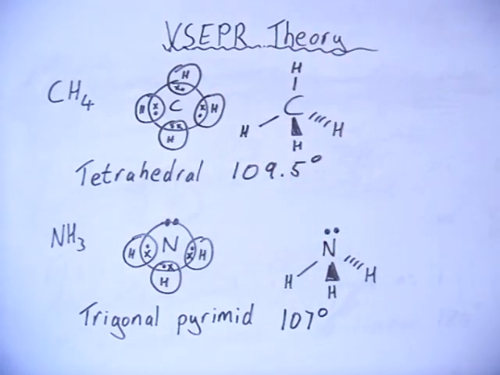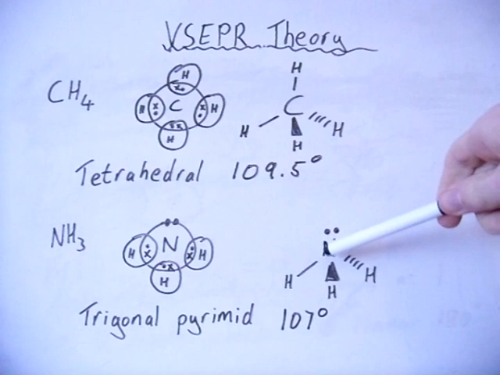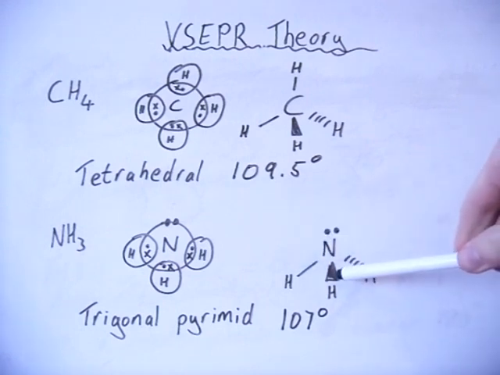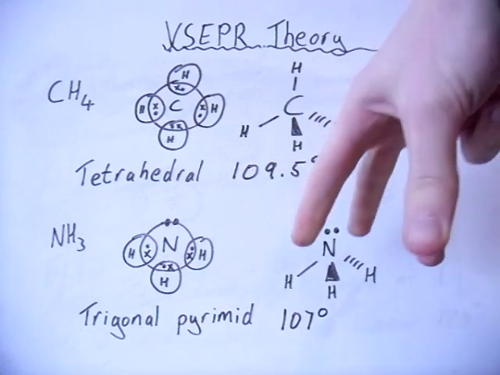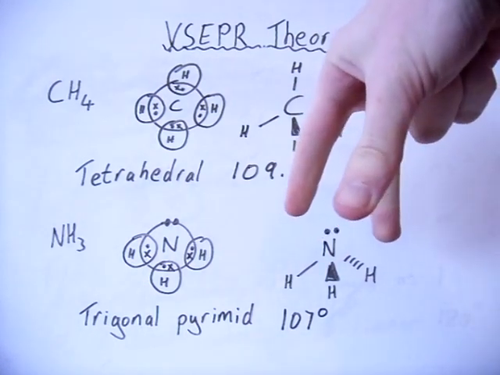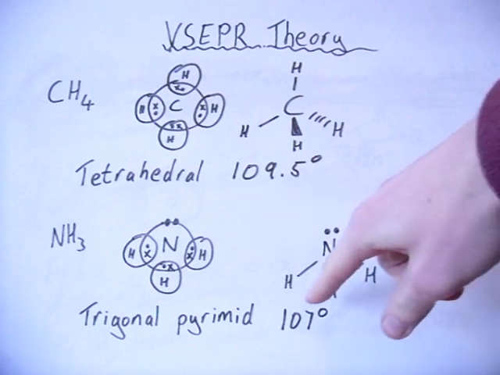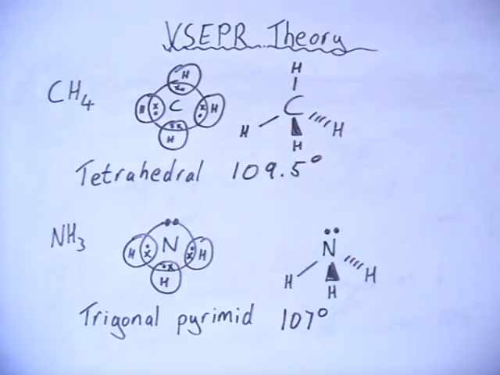But we've got a lone pair, so that lone pair is going to give it a slightly different shape. Same as before, it's pressing down on these 3 hydrogens more than they are repulsing each other. So it squeezes the 3 hydrogens together a bit, which is why the angle is less than up here. So 107 degrees.